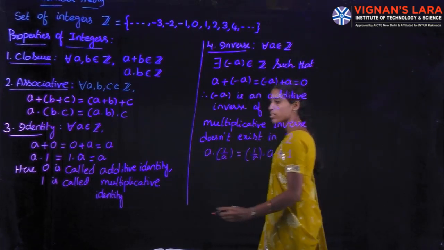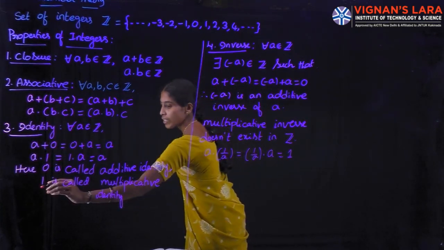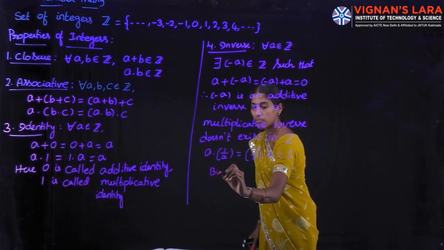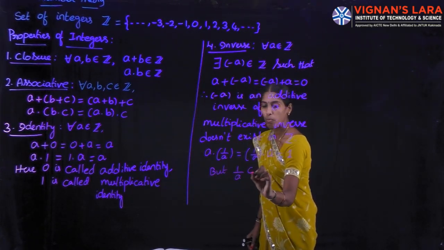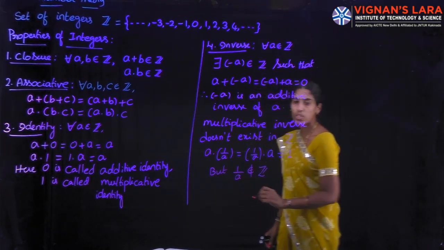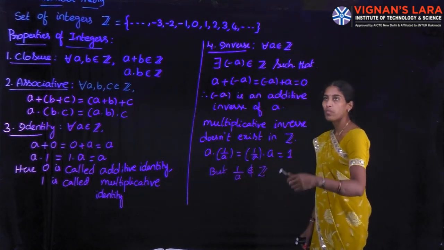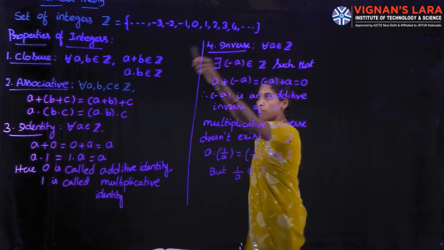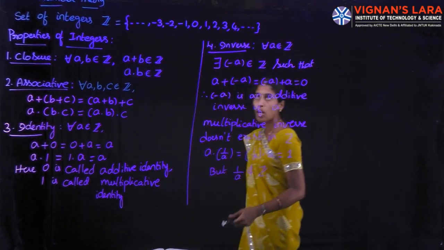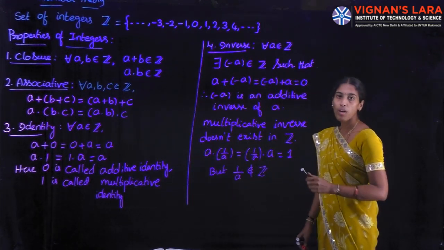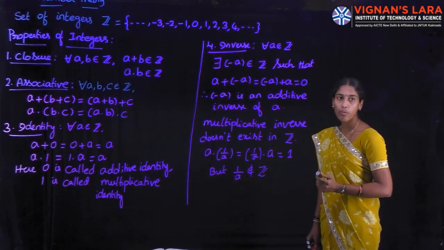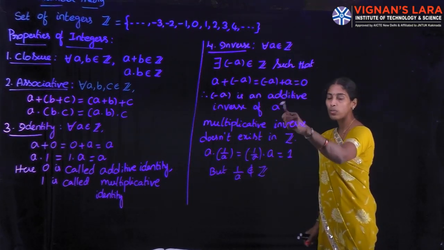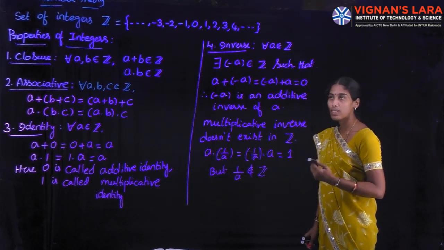This 1 is the multiplicative identity of Z, right? But here 1 by a does not belong to the set of integers. See here, suppose we consider 3, an integer, 3 belongs to set Z. But 1 by 3 does not belong to the set of integers, therefore the multiplicative inverse does not exist. Whereas the additive inverse exists, which is minus a.